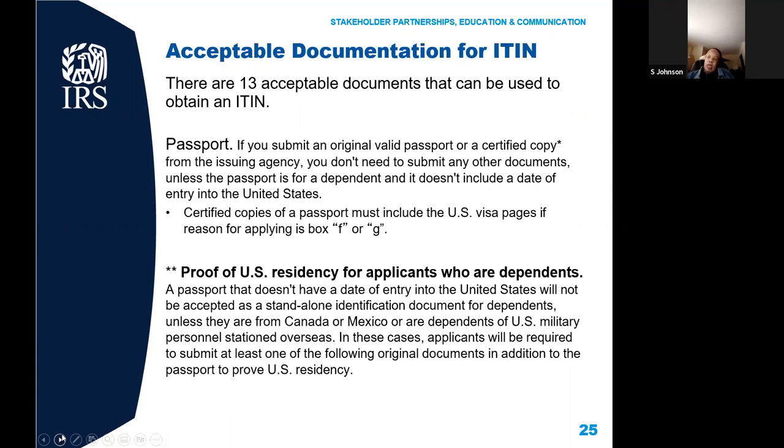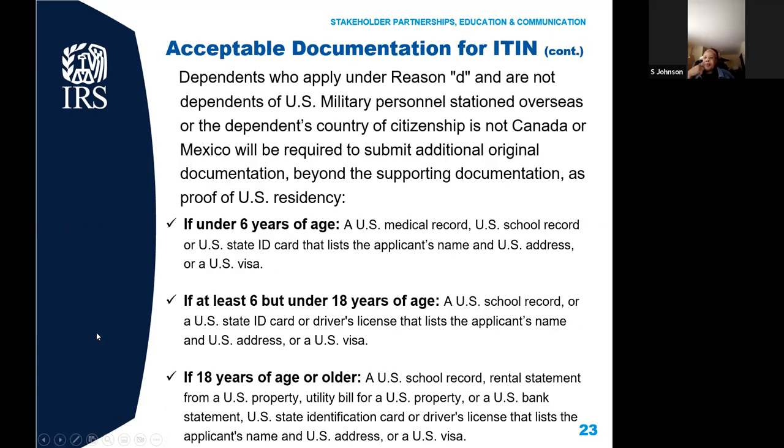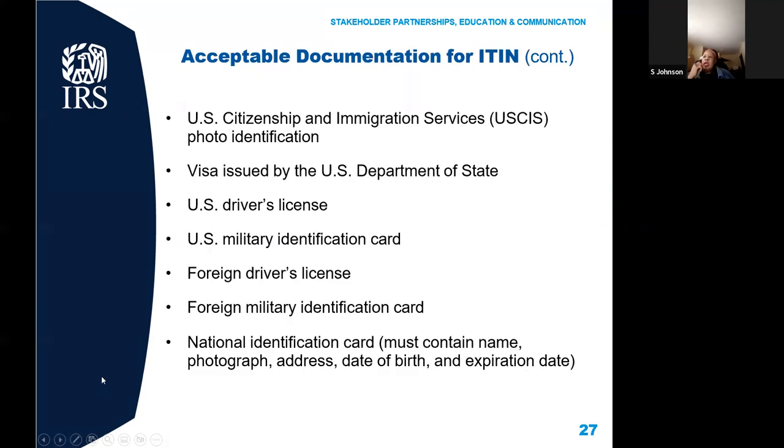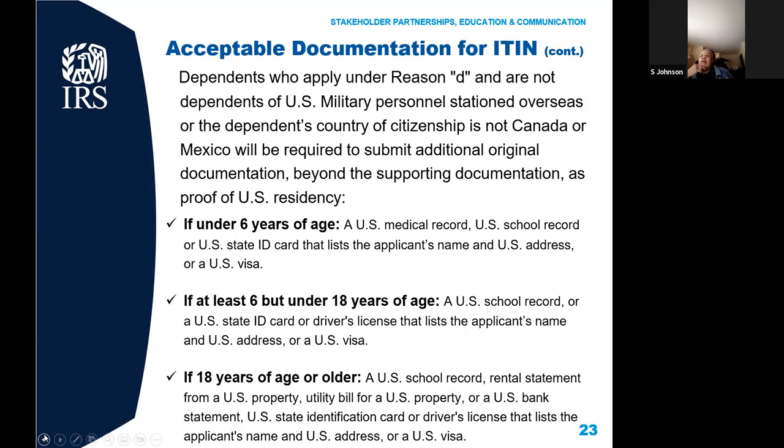Okay. Here is some acceptable documentation as we continue on. Did I skip one? Okay, I'm sorry.